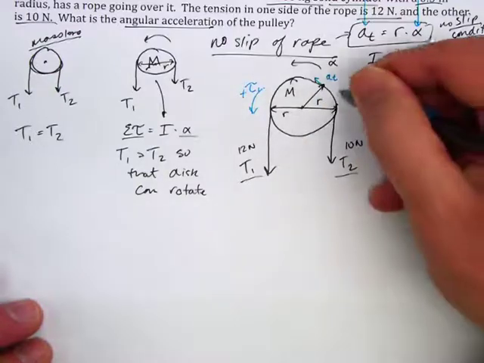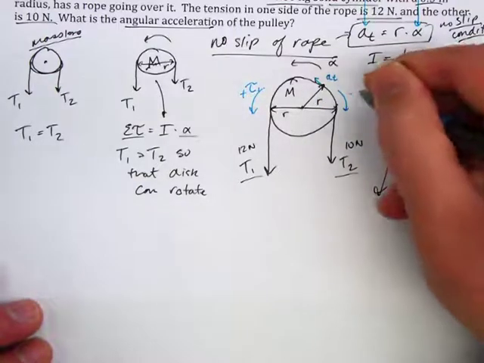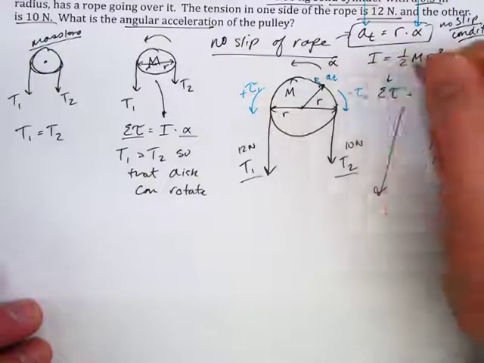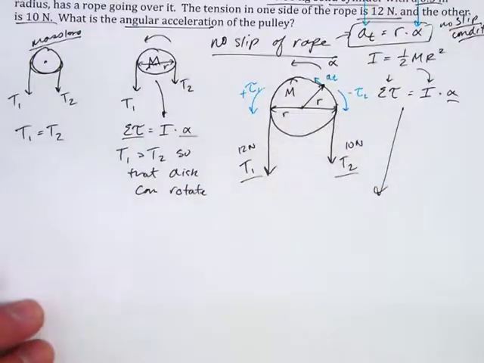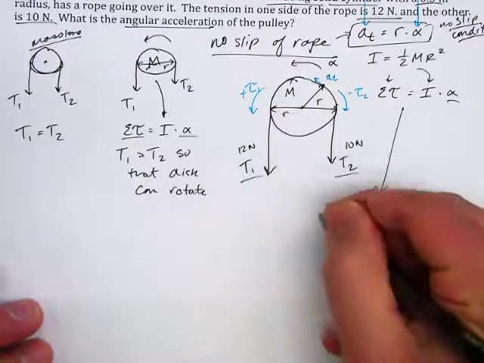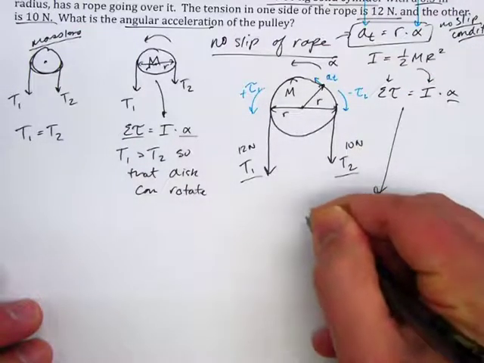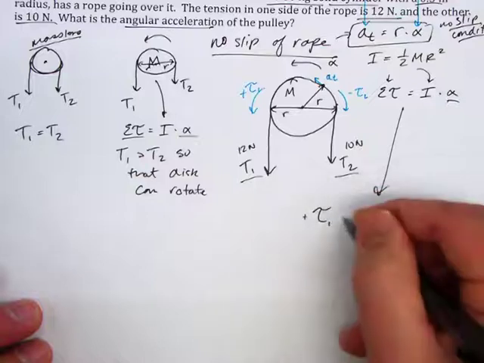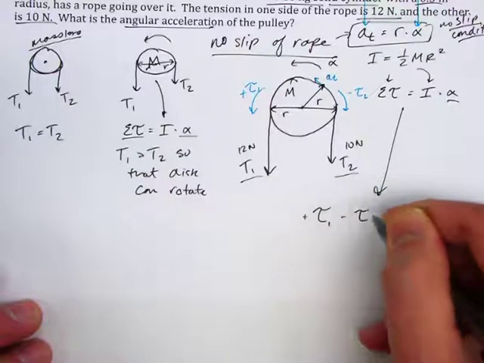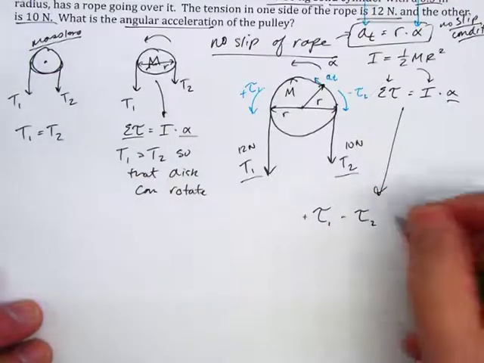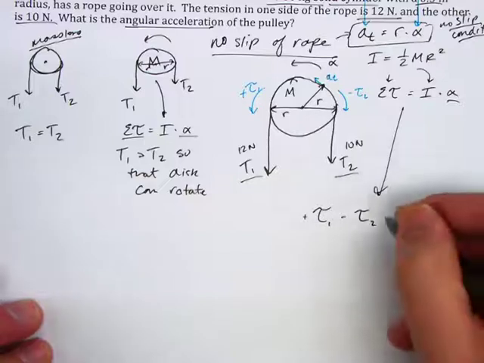And T2 will exert a negative torque about the axis of rotation. So my net torque will be the positive torque from T1 minus the torque from T2. That's the sum of my torques.